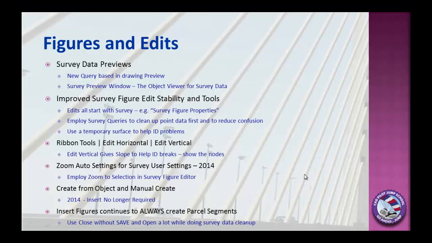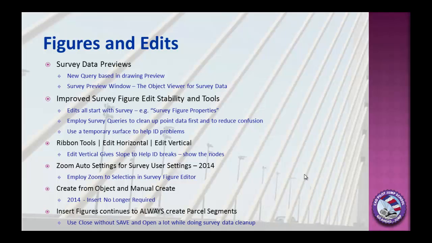So as we saw, we have new ways to preview things. The biggest one would be the query-based drawing preview. Got to remember that to edit the property of something that's survey data, look for that survey keyword. So it's survey point properties and survey figure properties, all in the ribbons and toolbars.